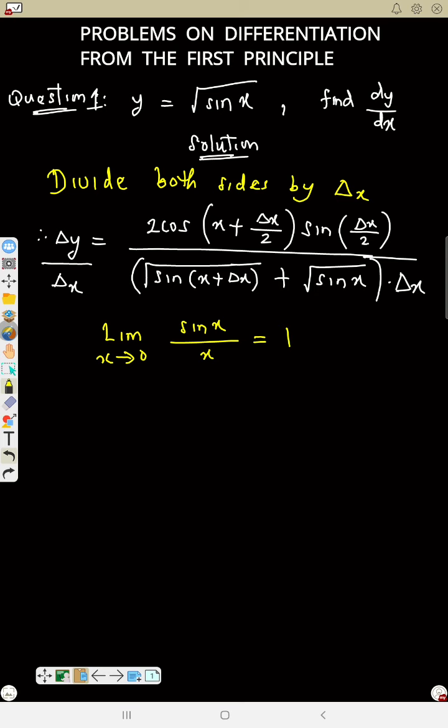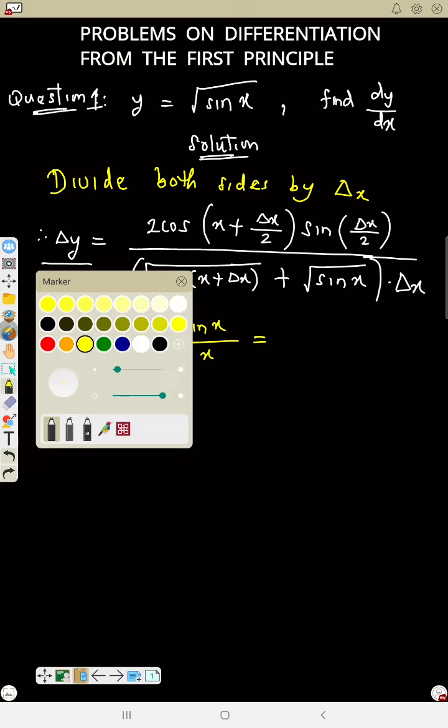So I'll try and change this one here in the form of this so that it becomes 1. Now look at the next step. These two I'll bring here because it's the same thing. So if the 2 is there, I can have sine delta x over 2 and delta x over 2.